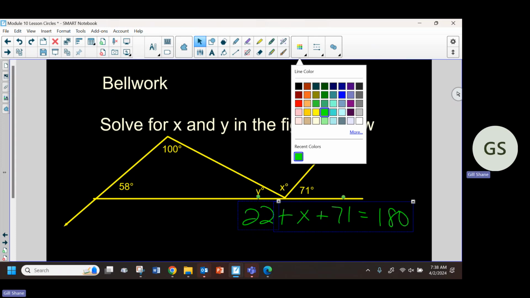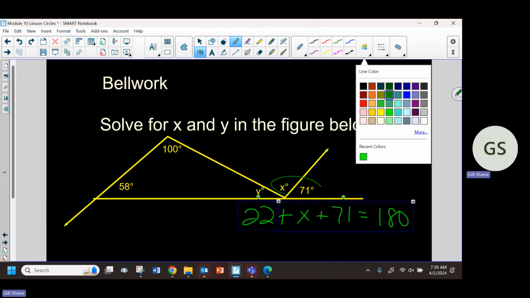There was another one we made up that said the exterior angle of a triangle is equal to the two opposite interiors added together. So 58 plus 100 in this case would equal those two added together. Again, you don't necessarily need to know that. It could possibly pop up, but we'll do another bell work on that in a minute.